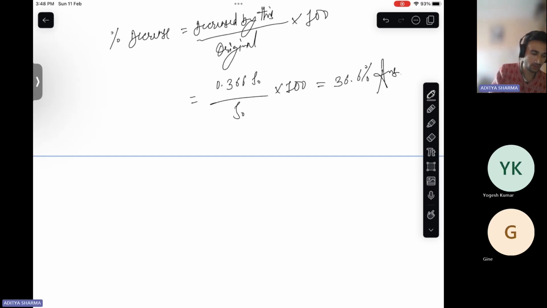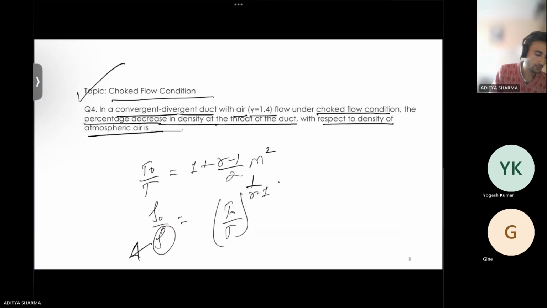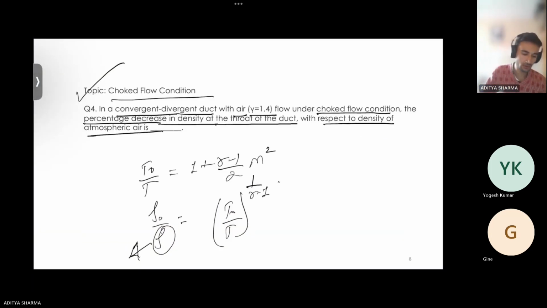So this was our fourth question. Our answer is 36.4. This question was based on choked flow.